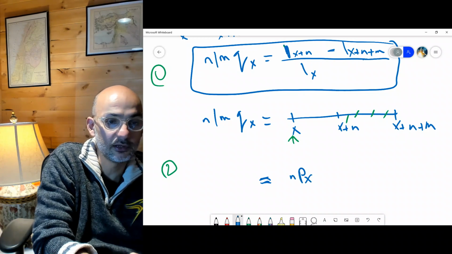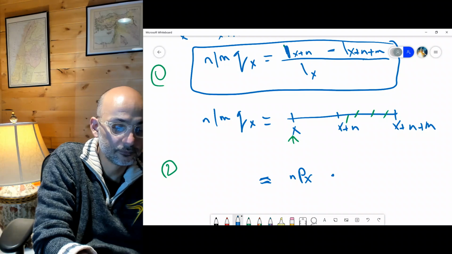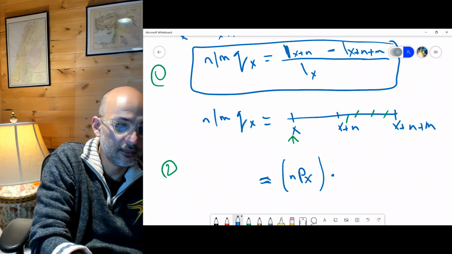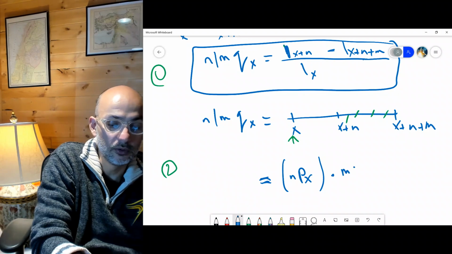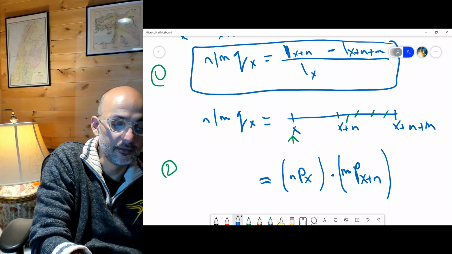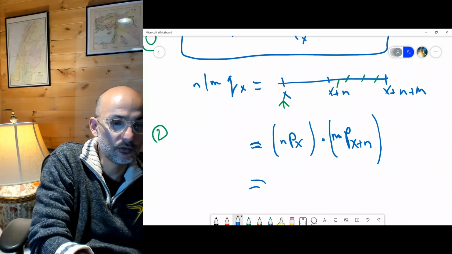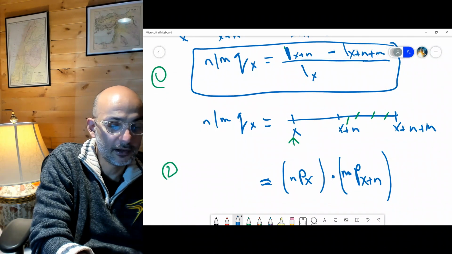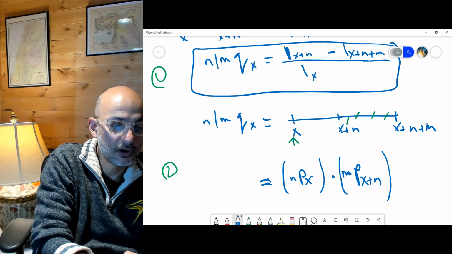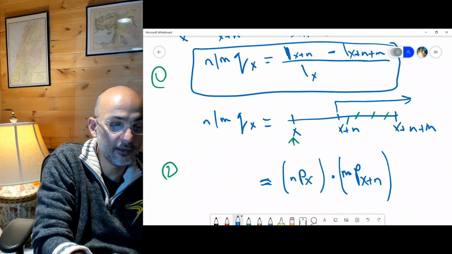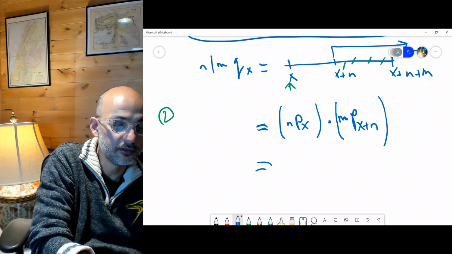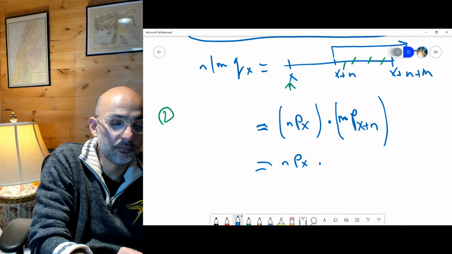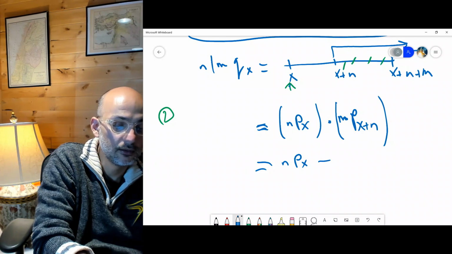You survive here, and then death happens, so multiplication, and death happens within m years, so it will be mqx+n. And multiply this with this one. We also looked at the same logic: you take the probability of surviving here and subtract from it surviving here. So this can also be npx minus n+mpx.